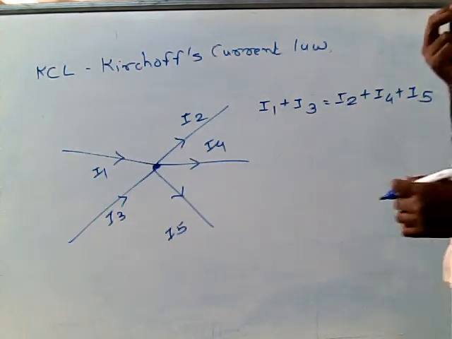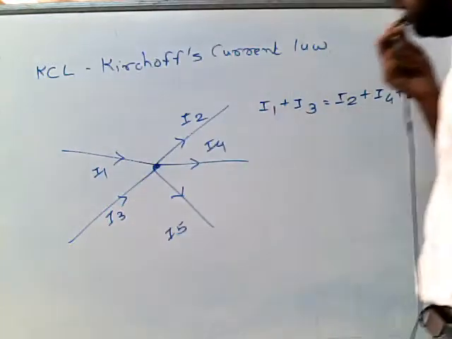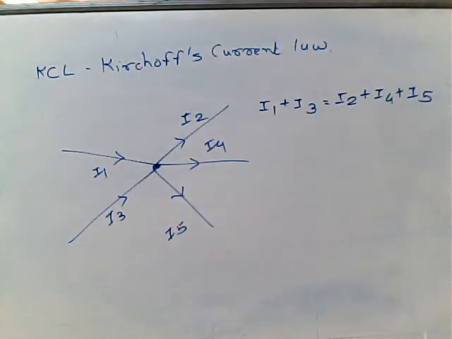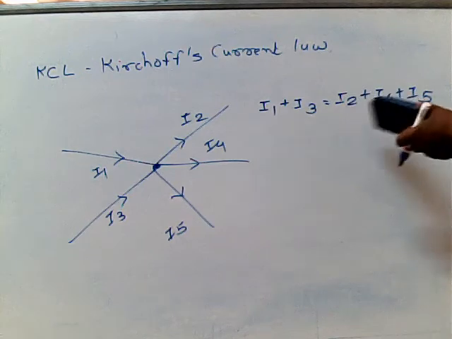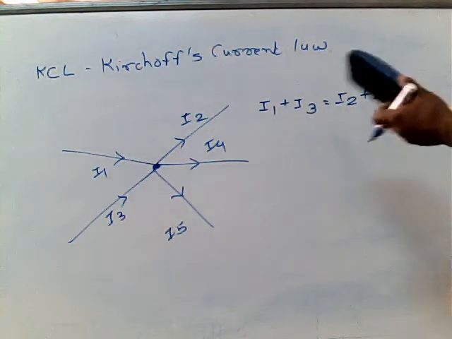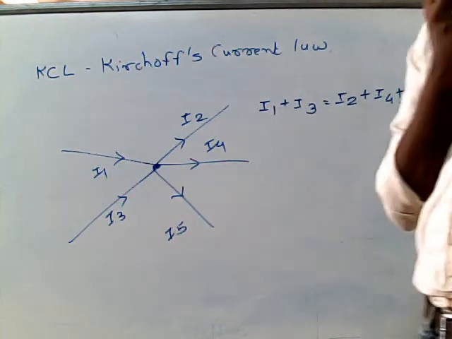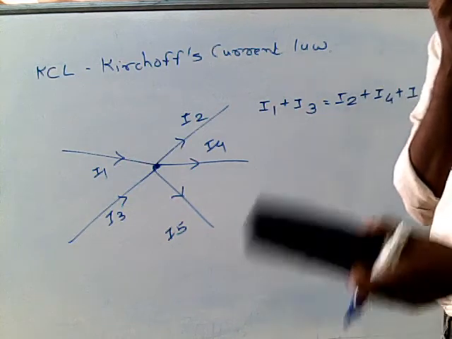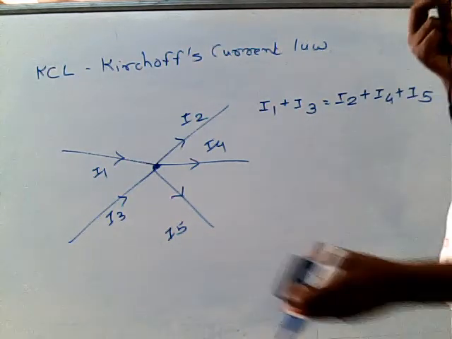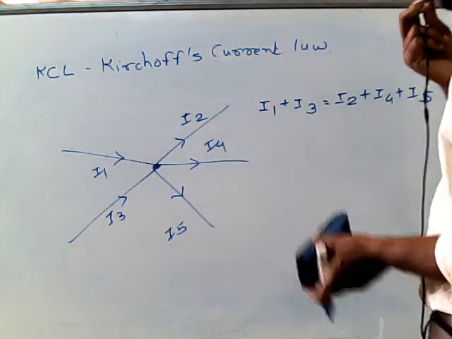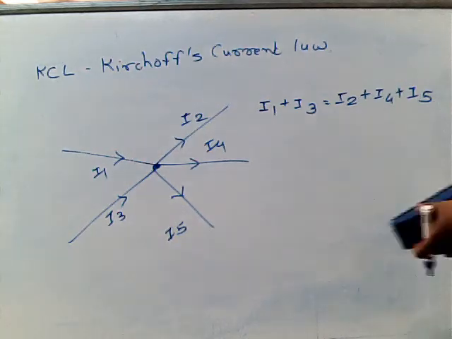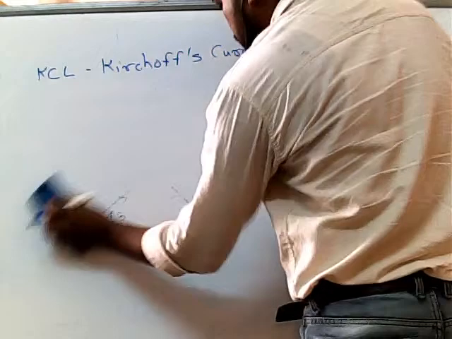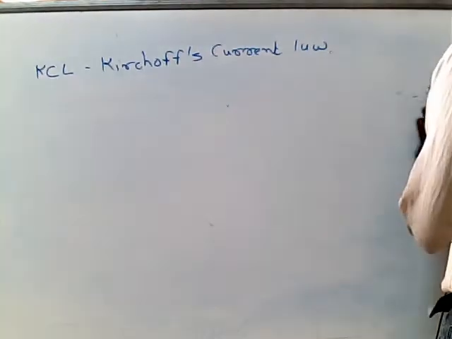If we know the electrical basics, we can simply say that whatever current is coming into any node, the same current will go out from that node. So this is about the KCL.